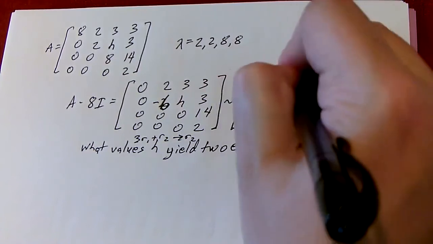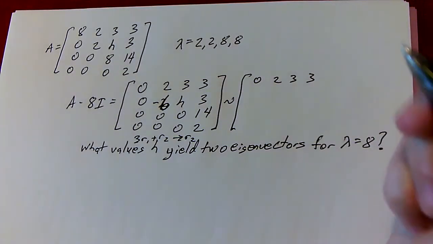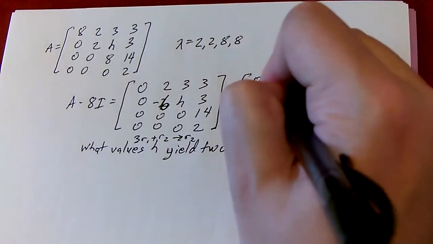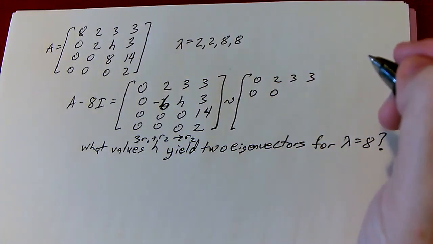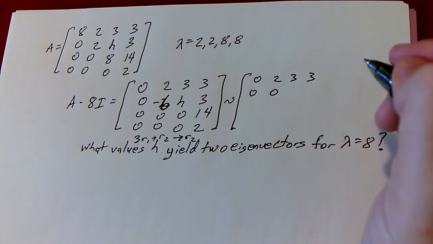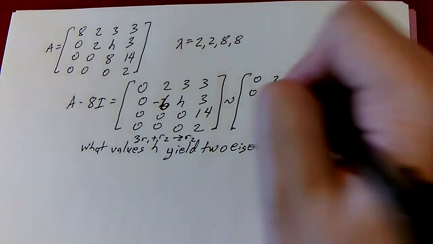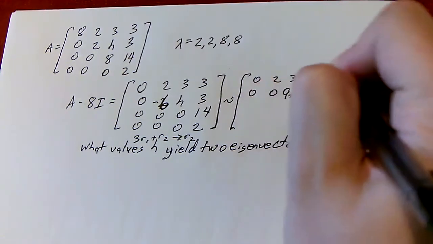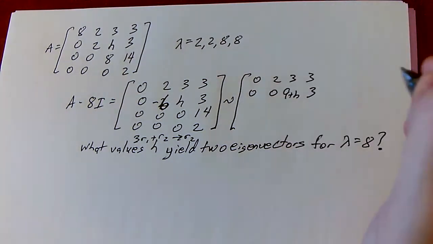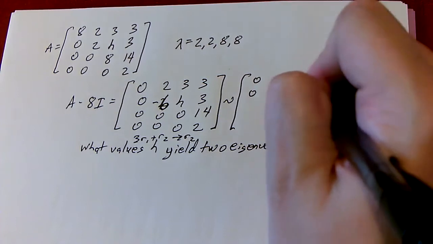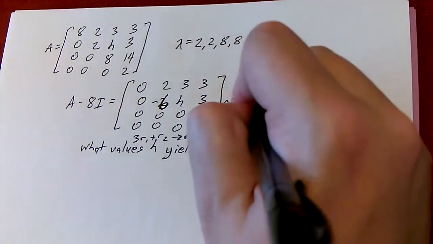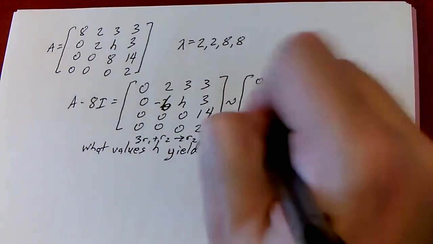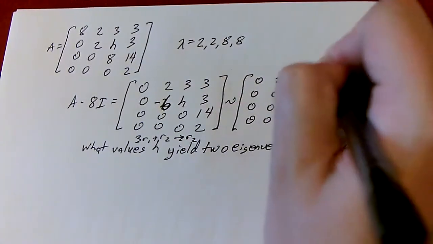So 0, 2, 3, 3 is untouched. 0, 0, because 3 times 2 is 6, 6 minus 6 is 0. 3 times 3 is 9, 9 plus h is 9 plus h. And then this 3 is going to be 12 now, 3 times 3 is 9, plus 3 is 12. This is 0, 0, 0, 14, 0, 0, 0, 2.